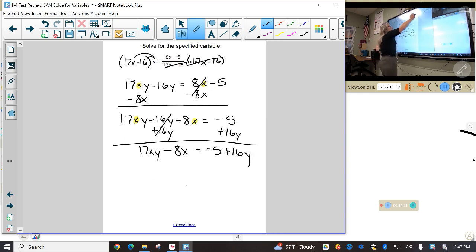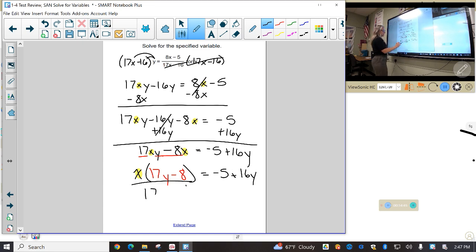Fish out your x. Okay, use the distributive property backwards. What do you have left inside? If I take out an x, I have a 17y minus 8. 17y minus 8. I took out the x's that were in there and put it in front. I use the distributive property backwards. Equals negative 5 plus 16y.